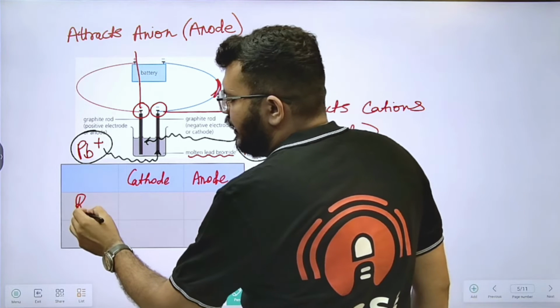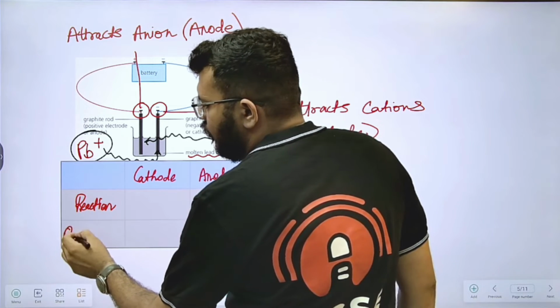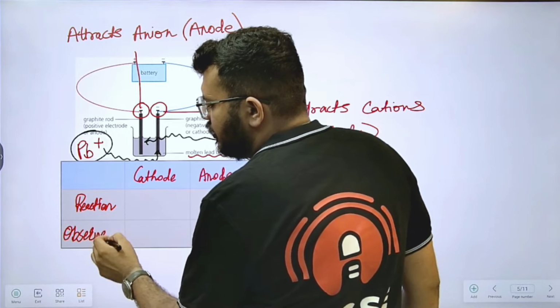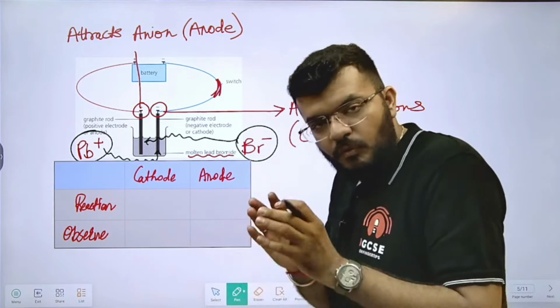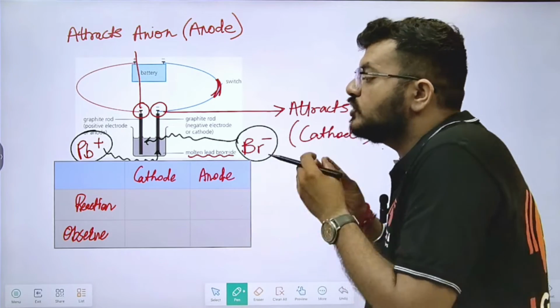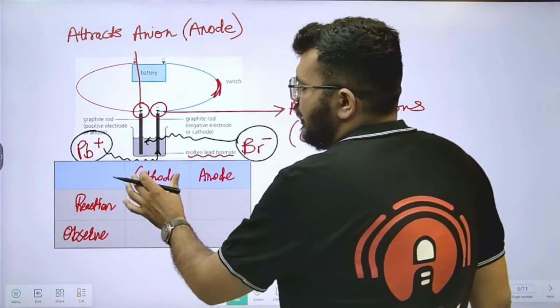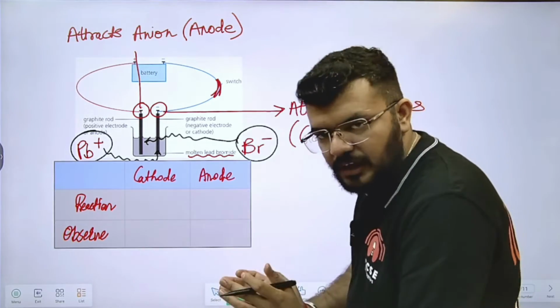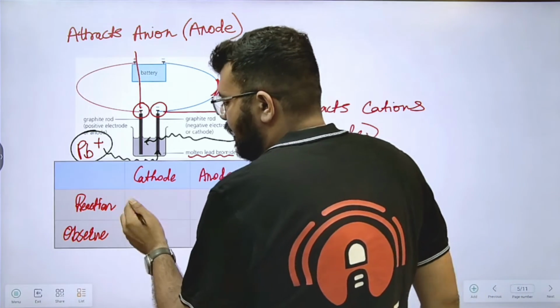Okay, I will write the reaction here and I will write what you observe here, because almost always they will want you to write what you see. So let's have a look at cathode first. The cathode is the negative electrode, so cations go there. What is the cation? Cation is lead.